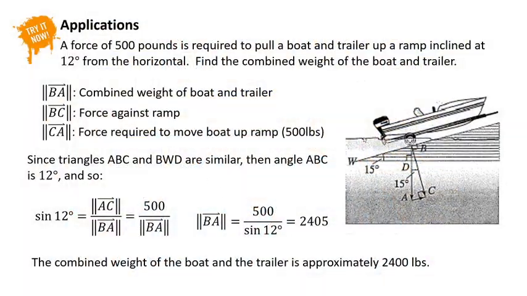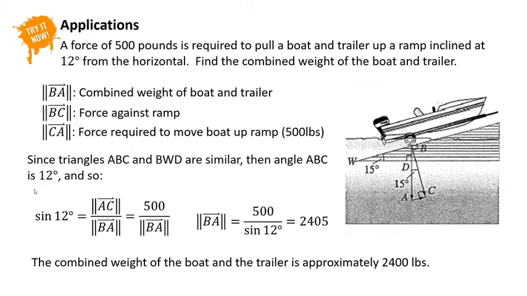So much of this process is just in the seeing, learning how to see all of these vectors and the way in which they interact with each other and the ways in which we can use them to solve problems here. Hopefully you were able to see this force of gravity being represented by vector BA, the force against the ramp being represented as BC, and the force trying to pull the boat down the ramp as being CA, even though the numbers here are different now.